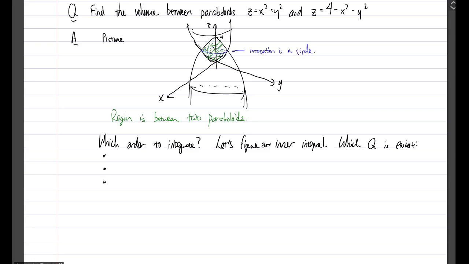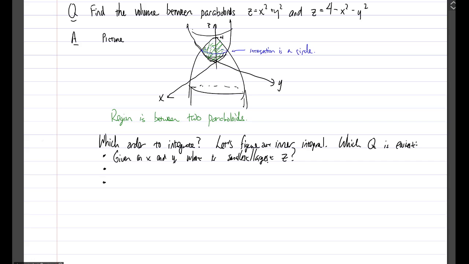We're just going to look at the three questions and decide which is the easiest to answer. If we were given a fixed x and a fixed y, what is the smallest and the largest z? That's really two questions in one, smallest and largest.